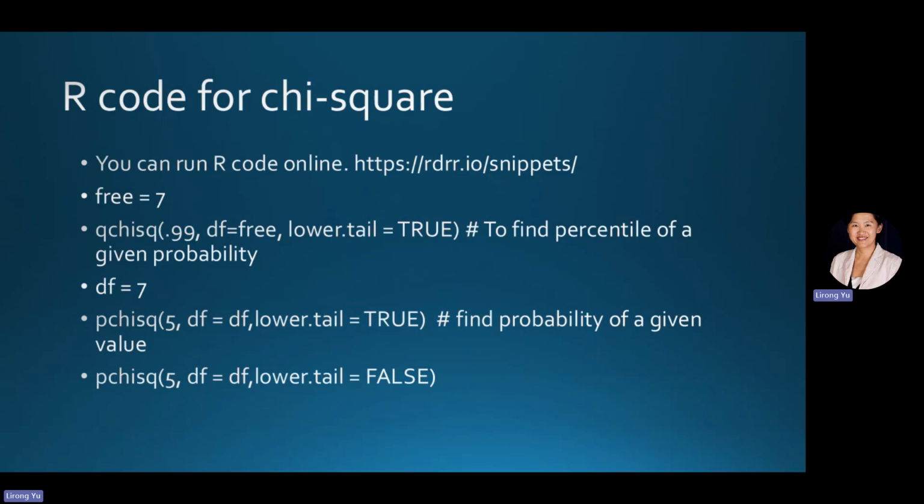First you say df equals 7, and then pchisq of 5 with df. Now you can change that 7 to a 9 or 10, and everything else will still work. We put it in multiple sentences because we hope the same thing can be applied to other situations.